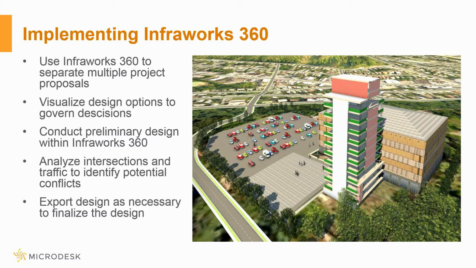We can use the tools from the roadways module to create and edit horizontal and vertical road geometry, so we can get the roadway design very close to what it needs to be. We can also conduct site distance analysis, and we can design intersections within InfraWorks. And those are two standardized vehicles and standards from AASHTO that we can apply to these designs.